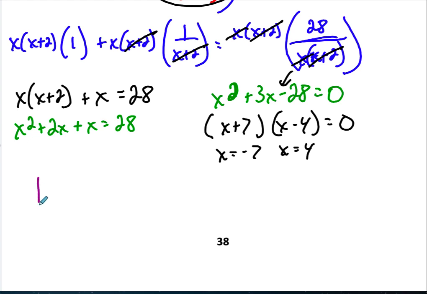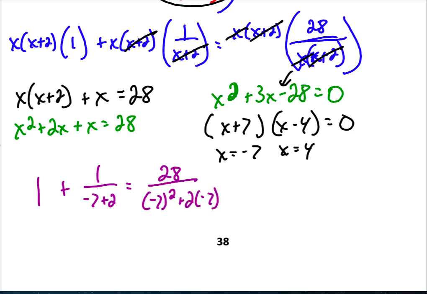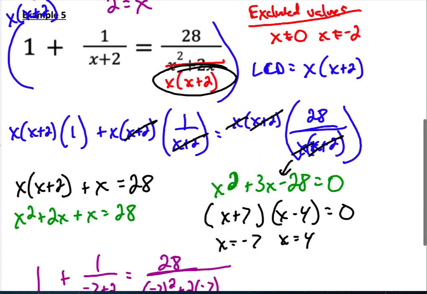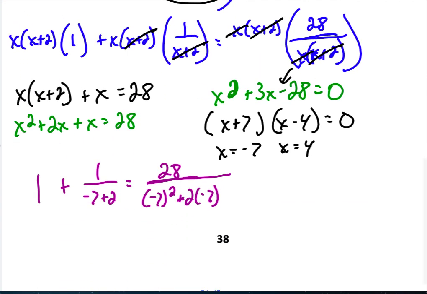So I'm going to do 1 plus 1 over x plus 2 is equal to 28 over x squared plus 2x. So I'm going back to that original version of the problem. Okay? Well, I've got 1 plus 1 over 5, and it's going to be a negative.